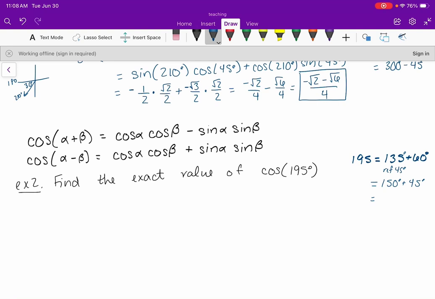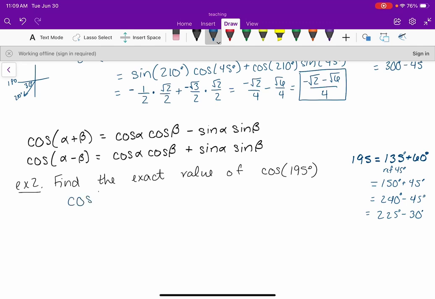If you want to do one with subtraction, I could do 240 minus 45, or I could do 225 minus 30. So again, there's a lot of options. I prefer the addition ones, they seem a little easier, I guess.